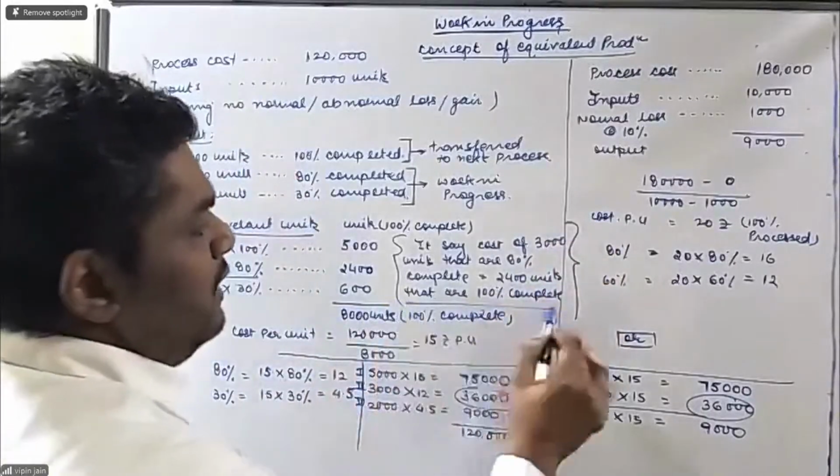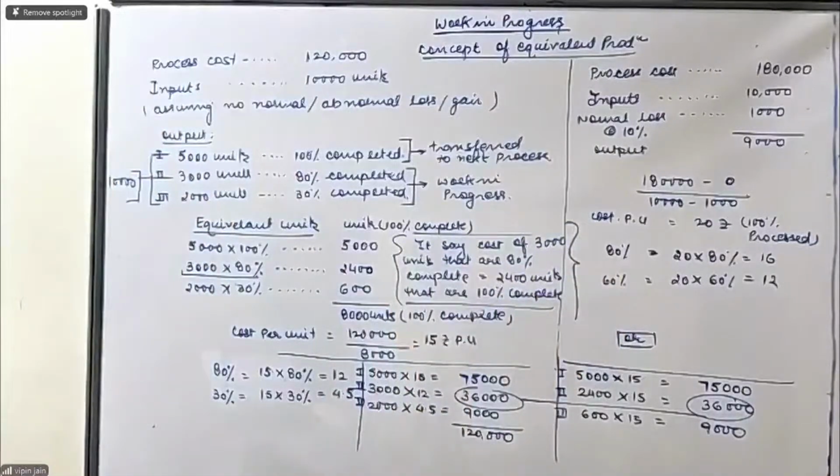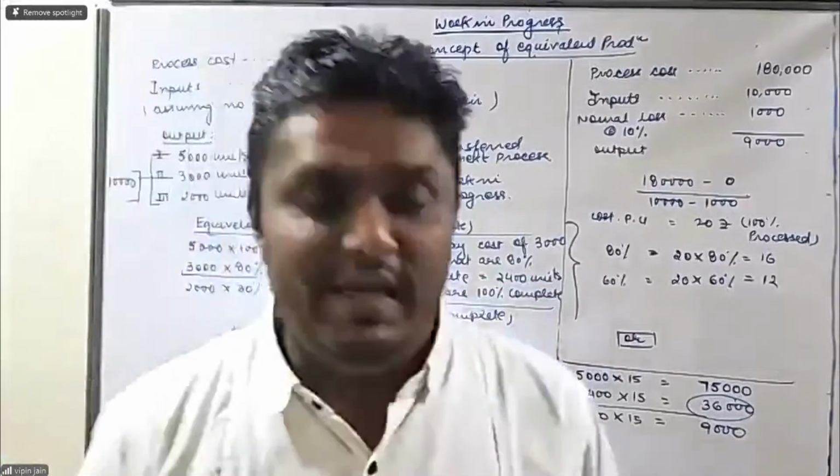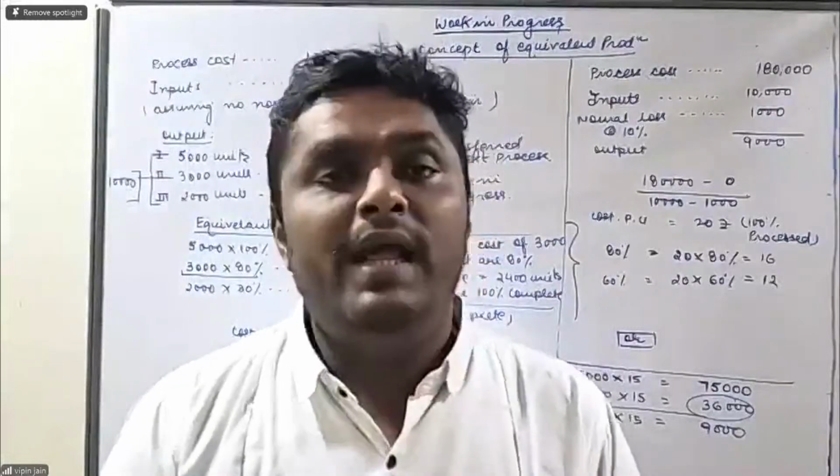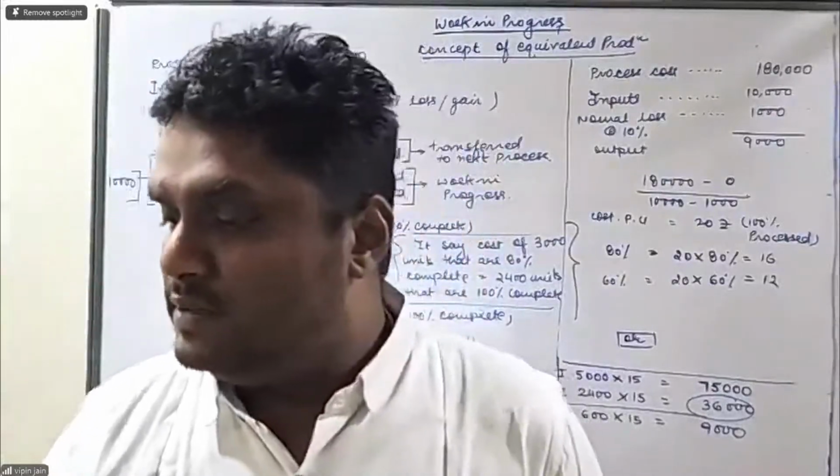So this is all about the theory part. If you guys have any doubts in this part, please post. I request you guys to please copy this concept. It will help you a lot while revising for the exams.